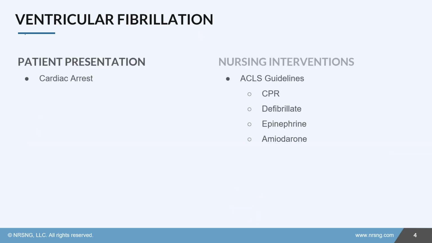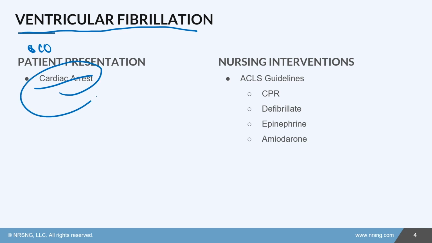So since people who are in VFib have no cardiac output, the patient presentation is that they're in cardiac arrest, okay? They are dying. The priority nursing interventions are to follow the ACLS guidelines. You got to start CPR as soon as possible. Defibrillate them. Defibrillating them right away is the only chance they'll get to going back into a normal sinus rhythm or some type of rhythm where they do have cardiac output.